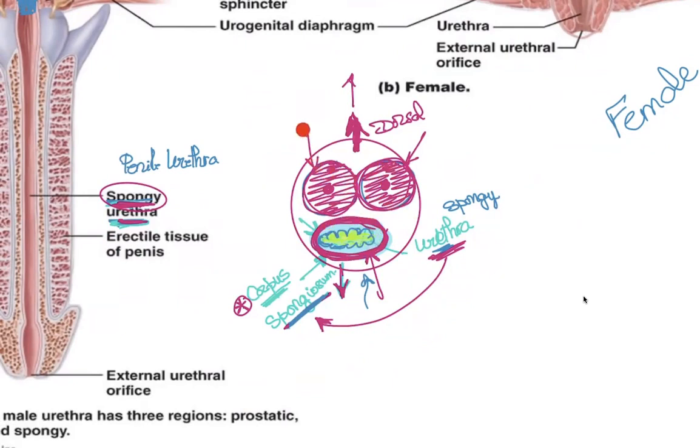The two on the dorsum of the penis, those are the corpora cavernosa, and the one on the ventral surface through which the urethra is traveling is called the corpus spongiosum. Corpus means body, and spongiosum is like sponge. It is compressible. This is where the urethra is going to be traveling. So that's why it got its name, spongy urethra.